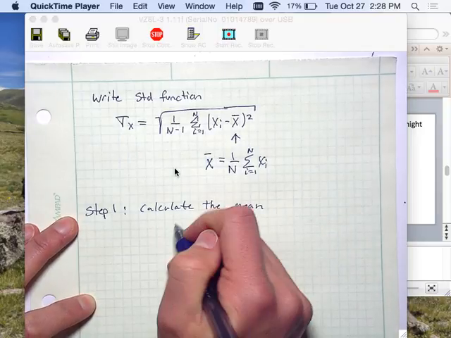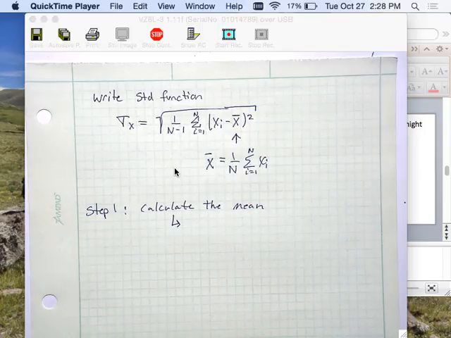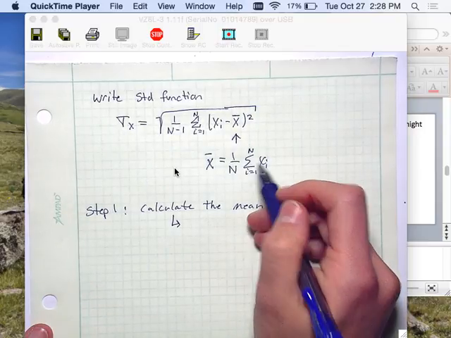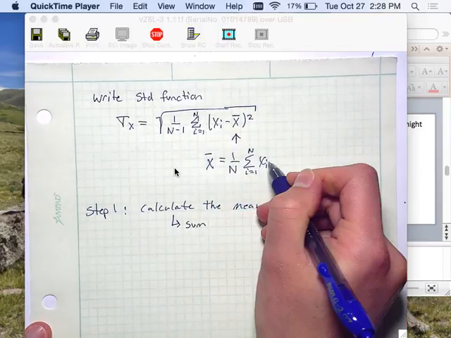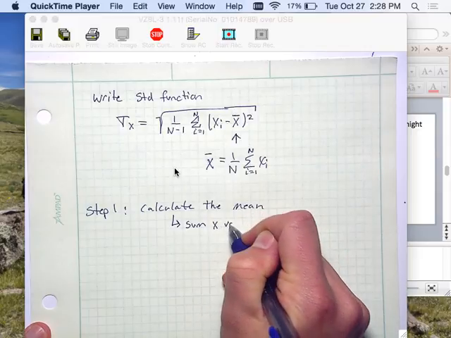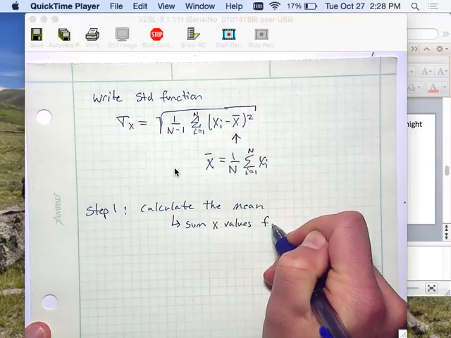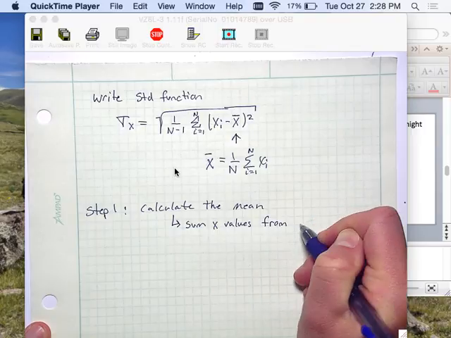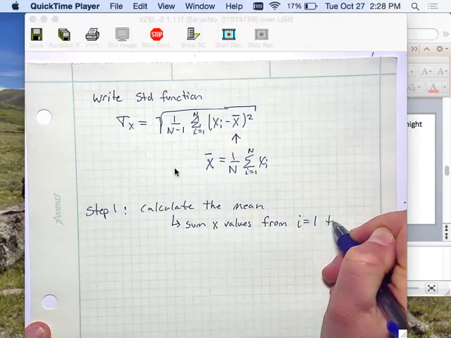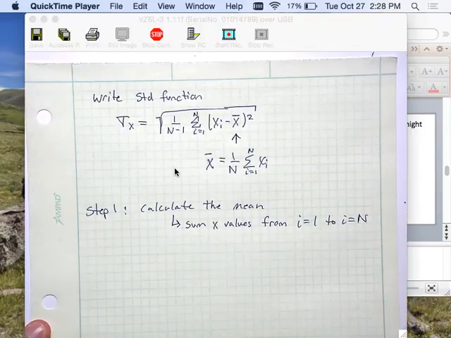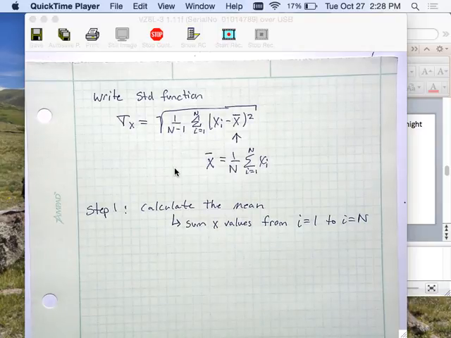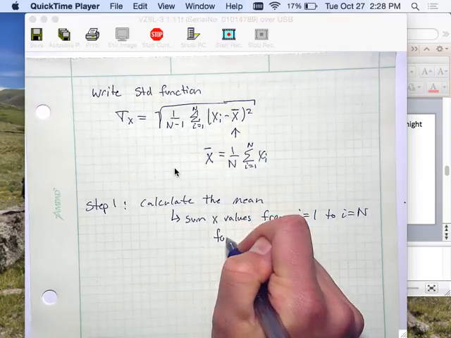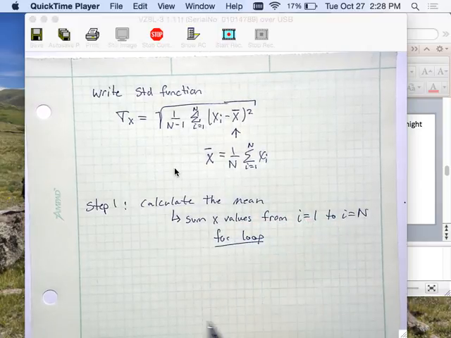So how do we do this? What are the steps involved in that? Well, you see there's a sum, right? So we need to sum basically the x values. And what are we summing them over? From i equals 1 to i equals n. So does anyone have any thoughts on what a great way to do that would be? A for loop. Okay, we'll come back to that.